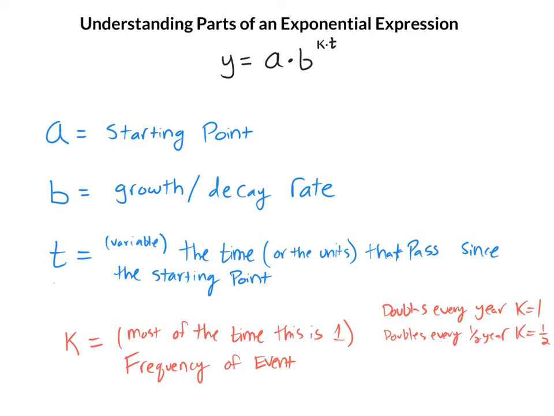If it doubles every 2 years, K equals 2. So you can start to see that K has an impact about how frequently something occurs.